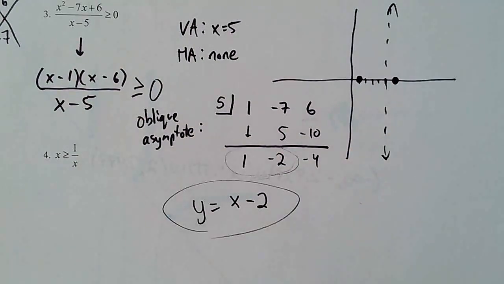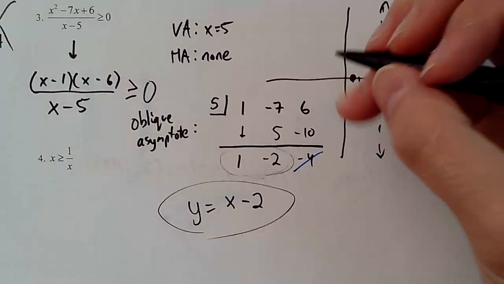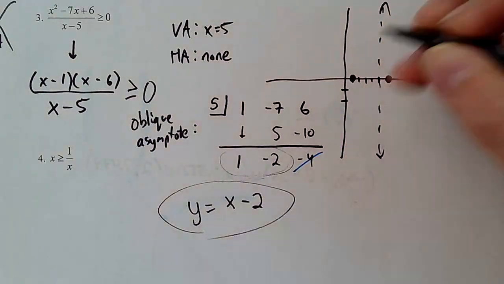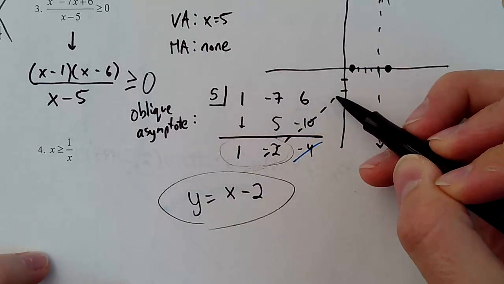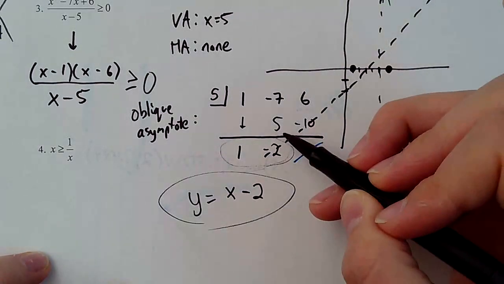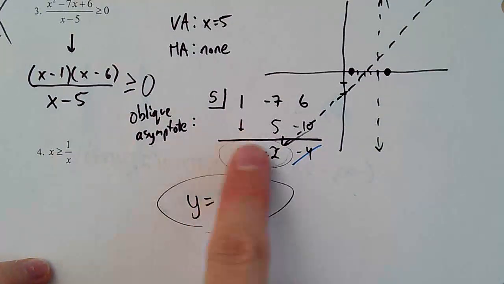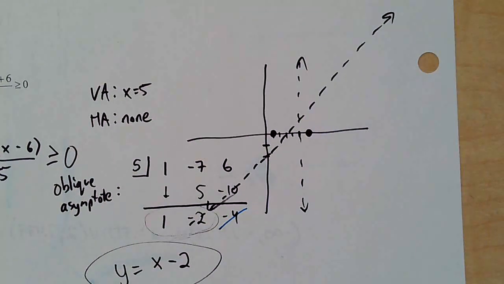We don't care about the remainder. You can just ignore that. It is kind of useful if it turns out to be 0, it shows you a factor. But I'm just curious about what this function looks like, so I can sketch it out. I kind of encroached on my graphing space here, but that's okay. So this line, y equals x minus 2, we got from dividing here, is our oblique asymptote, our slant asymptote.